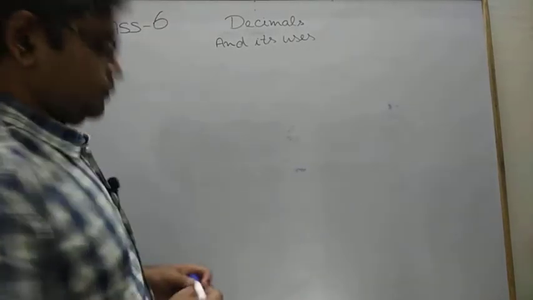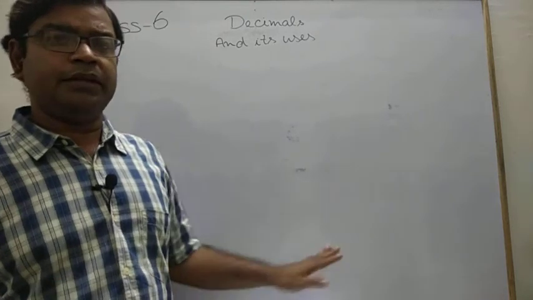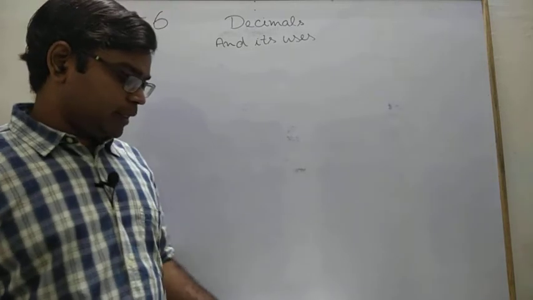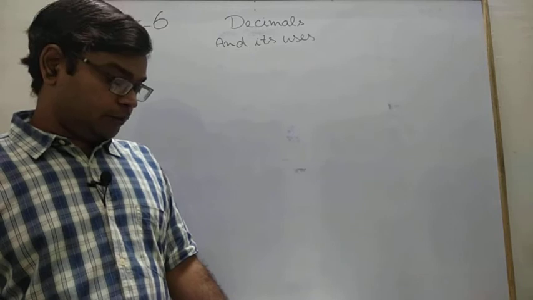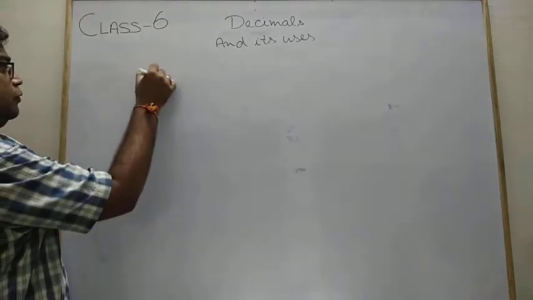Okay students, I'm going to solve two more questions and complete this decimal topic. Let's start. It says that the cost of 1 meter of cloth is rupees 35.80. So what is given to you?